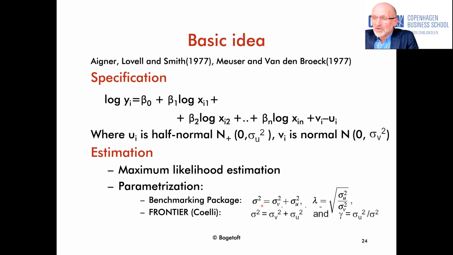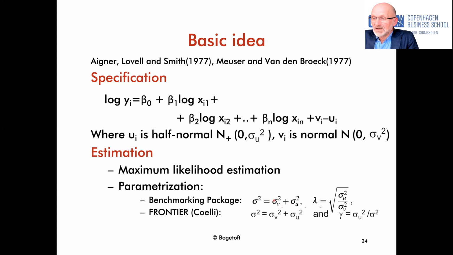Note, if I know sigma squared and lambda, I have two equations in two variables, so I can solve it. I can come from sigma squared and lambda to the individual ones here. So it's just another way of describing it.